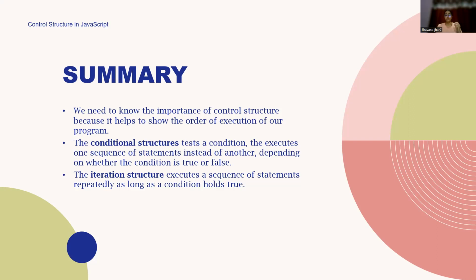Conditional statements are used to check different conditions and perform different actions based on decisions of true or false, and iterative structures are used to perform repetitive tasks. So that's all, and here is my demonstration.